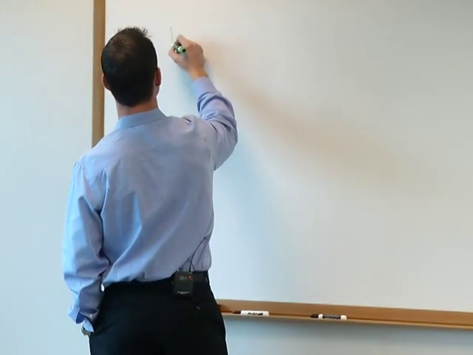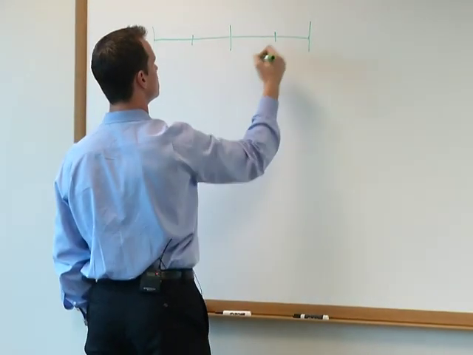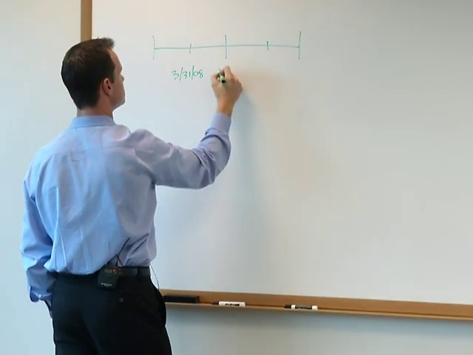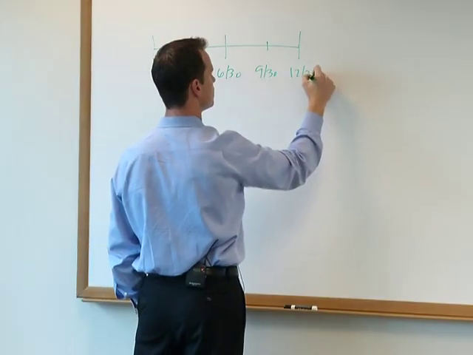Well, what if we're analyzing a company in the middle of their year? Let's say we've got a company, this is 08. So this is 3/31/08, 6/30, 9/30, 12/31 of last year.